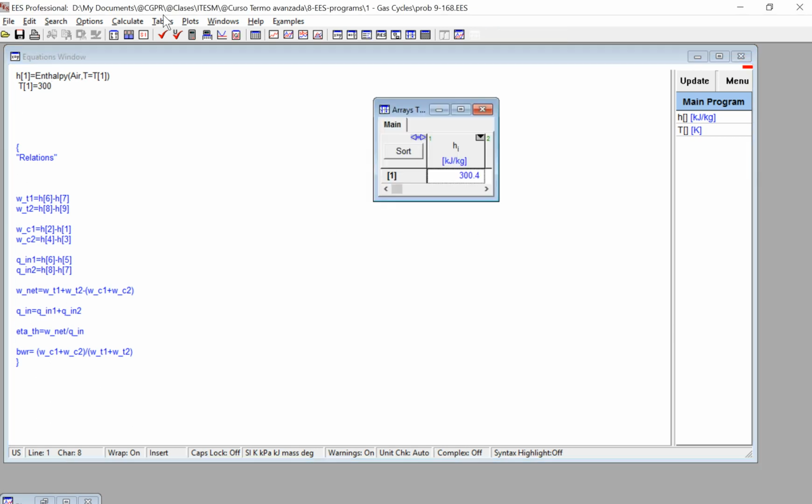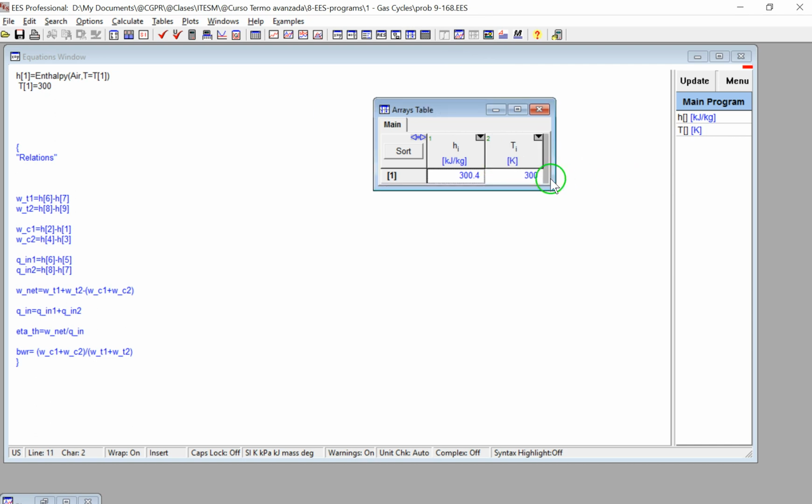If I press F2, I can see in my array table these values. And we're going to keep working this same way for each of the properties.